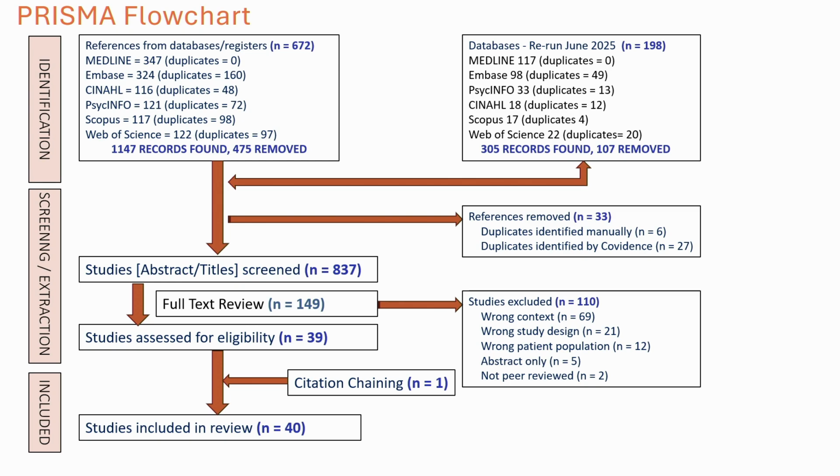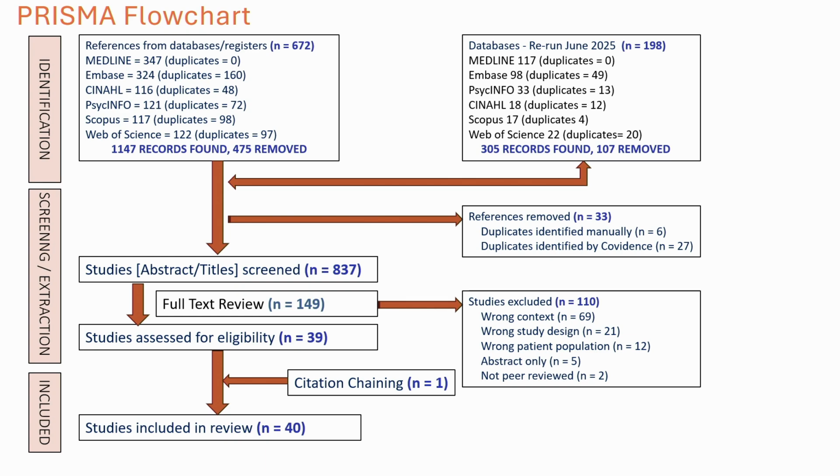We started in June 2024 and searched all 6 databases again in June 2025, and ended up coming up with 837 studies for abstract title screening, of which we got down to 149, and excluded 110 and looked at full text review for the remaining 39 with citation chaining, which is basically trying to find what was in the references of all those 39 papers.